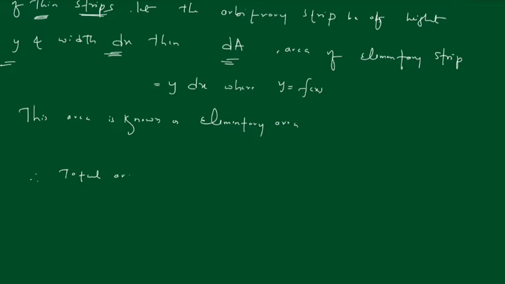So the total area of the region ALMB equals the integration from x equals a to b of dA.